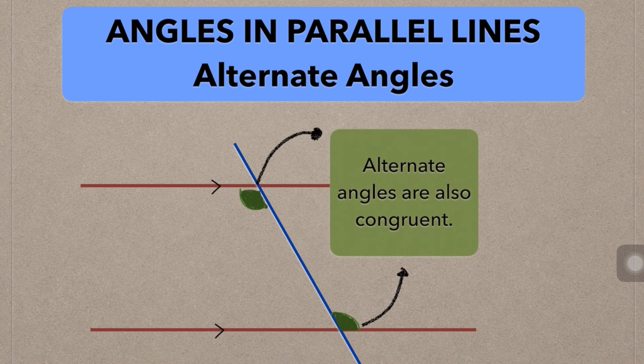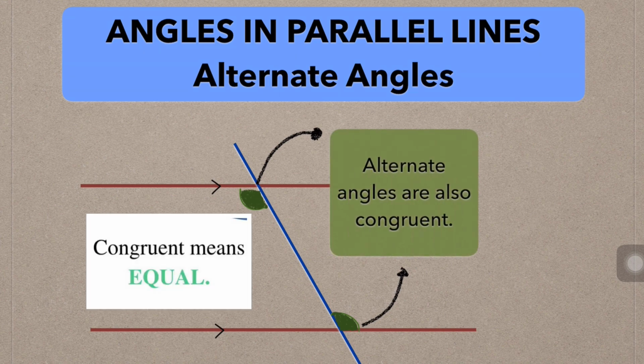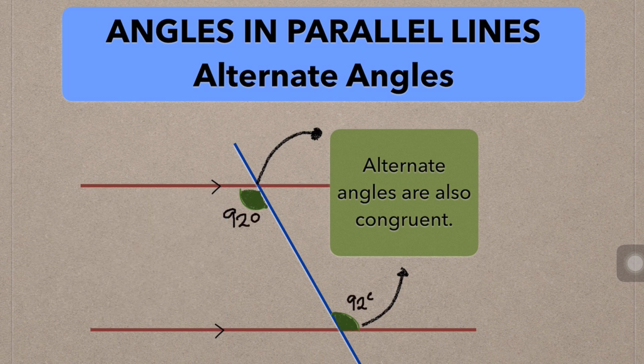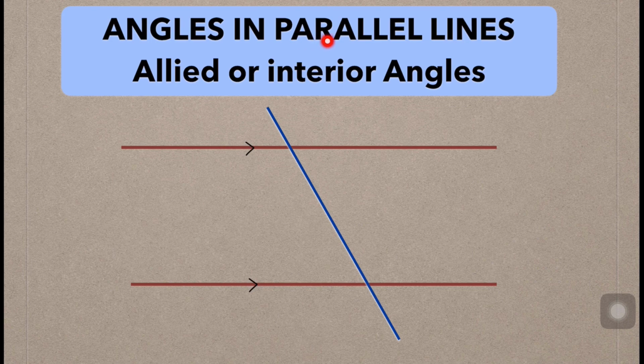Alternate angles are also congruent, formed like the letter Z. Given that this angle is equal to 92 degrees, the other angle is also equal to 92 degrees.